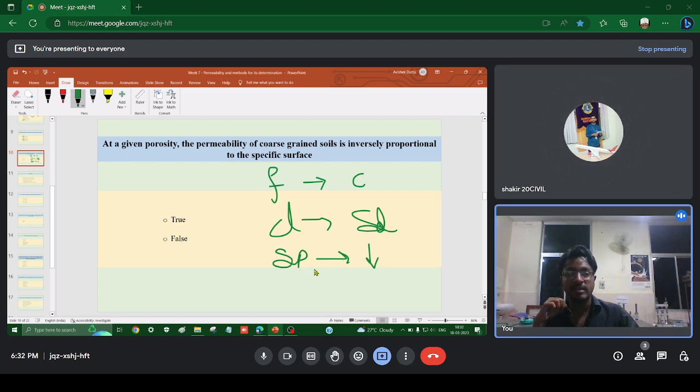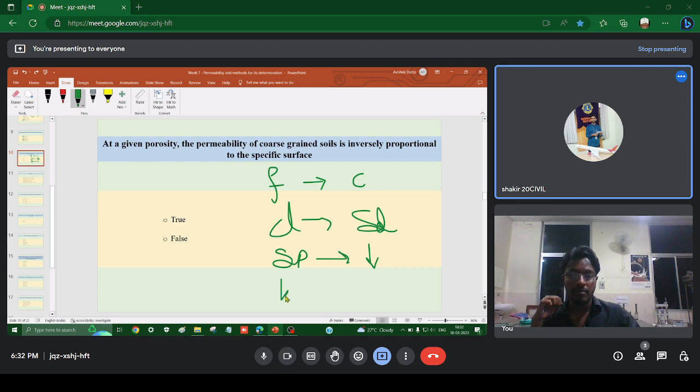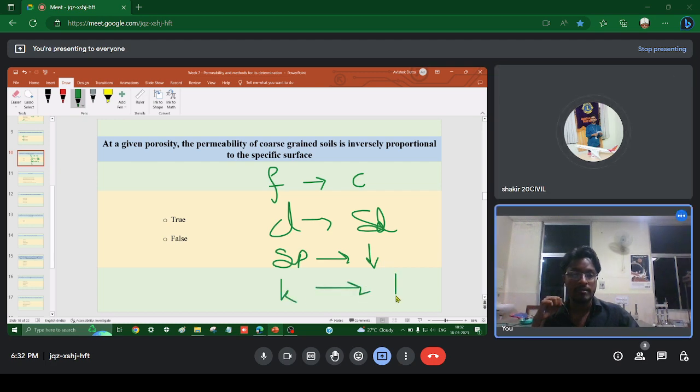And simultaneously, from clay to sand, the permeability will be increasing. So you can correlate this permeability with the type of soil, whether it is fine grained or coarse grained, and finally you are correlating with the specific surface. There was a hint in this question. You couldn't get it, but it is true.